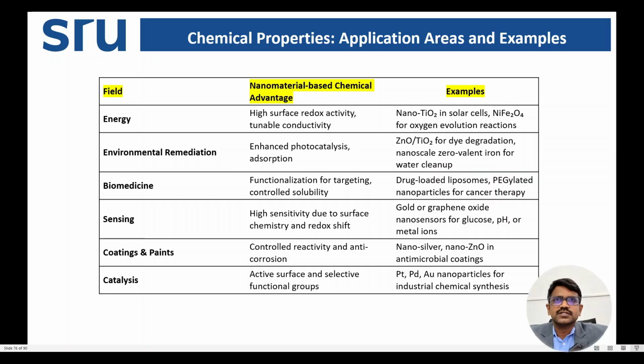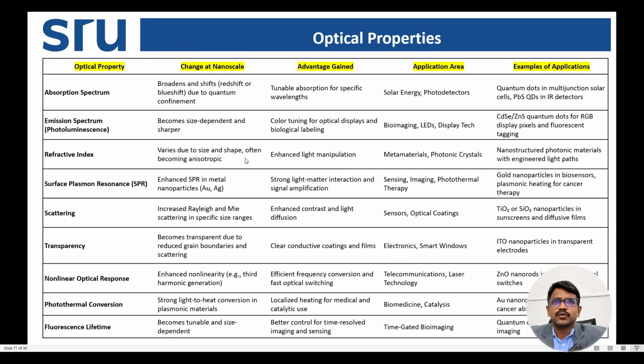Okay, so this is about chemical properties. Then we will go further. This is about optical properties. You have to understand every property, how it is changing and what kind of change it is bringing when it goes from macromaterial to nanomaterial.